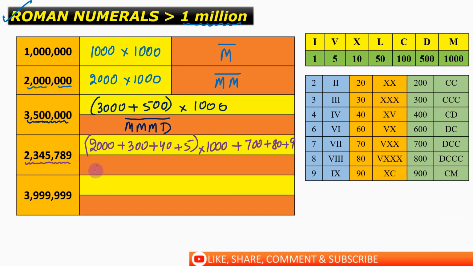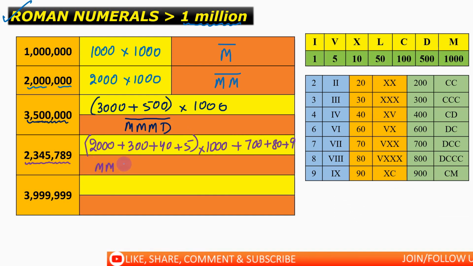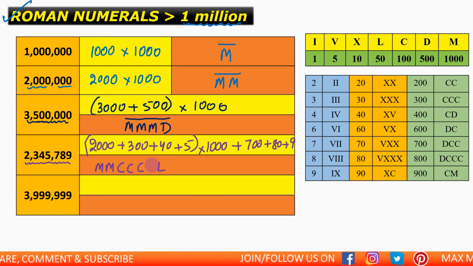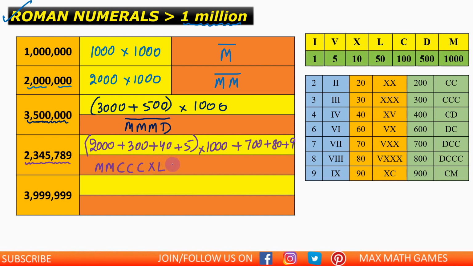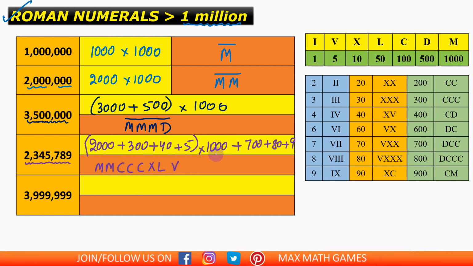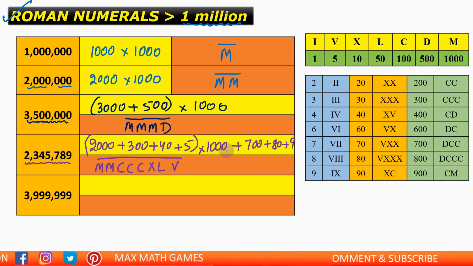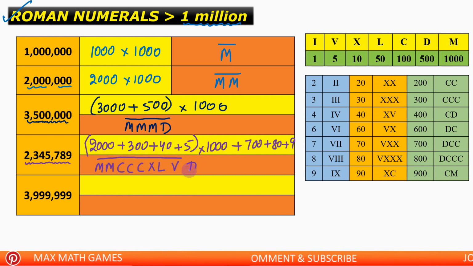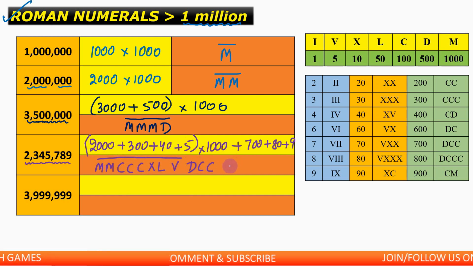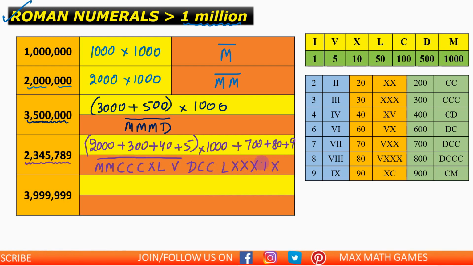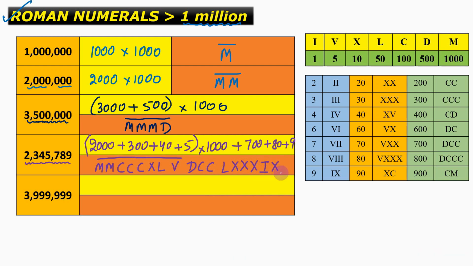So now 2000 is M, 300 is C, 40 is 50 minus 10, 5 is V, and then multiplied by 1000 means there will be a bar on top of it, and then 700 is DCC, 80 is LXXX, and then 9 is 10 minus 1, that is IX.